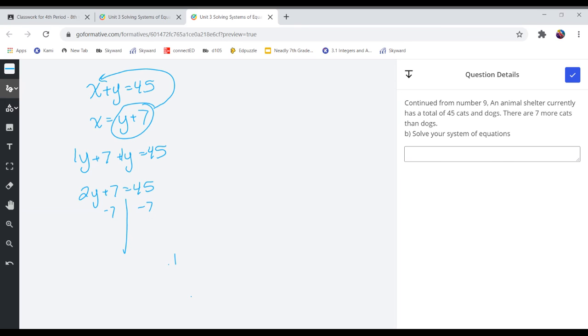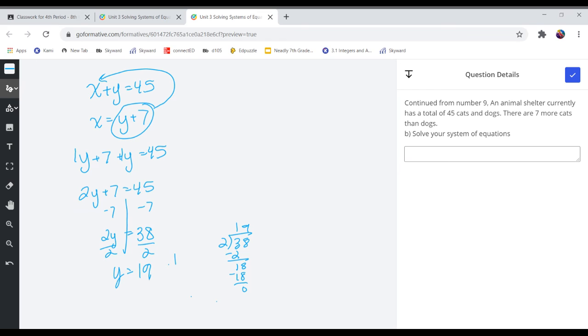Extending my equal sign so I can subtract 7 from both sides, 2y equals 38, because 45 minus 7 is 38. Divide both sides by 2. Whoops, that's what happens when you don't bring down your numbers. 2 goes into 18 9 times. So y equals 19.